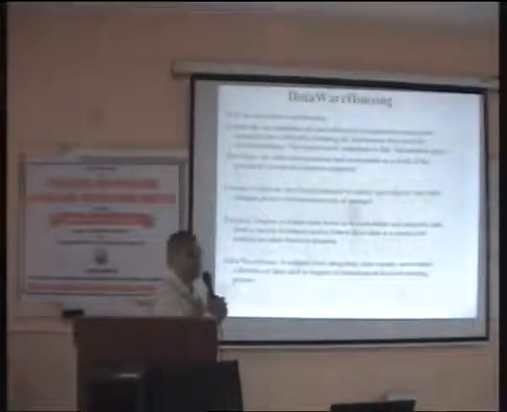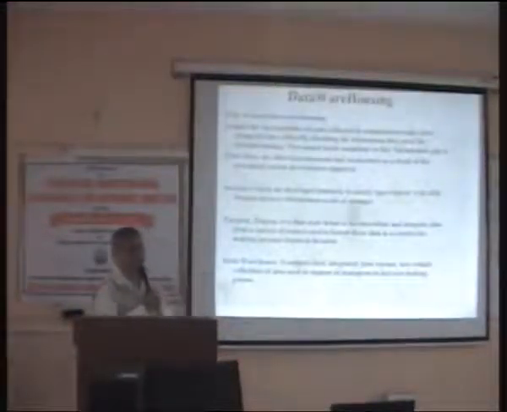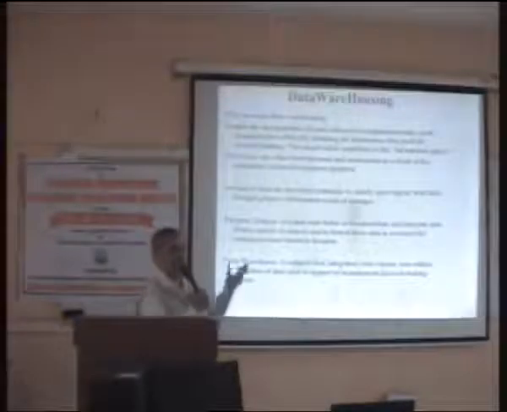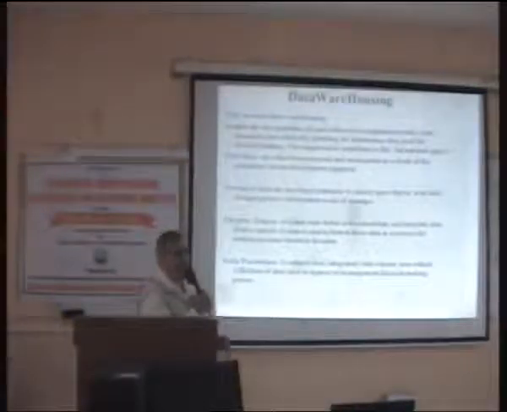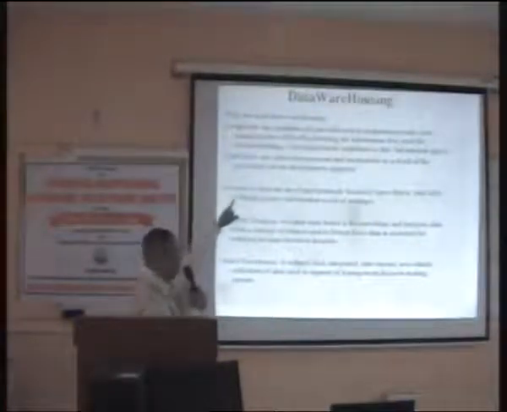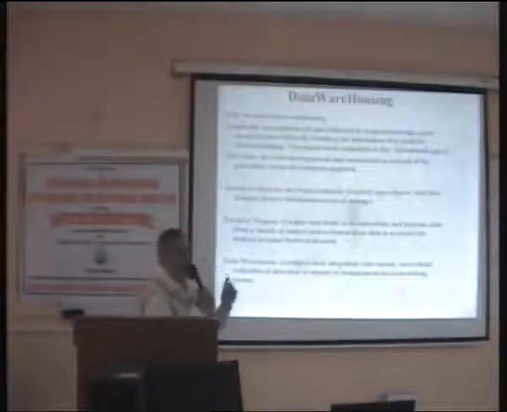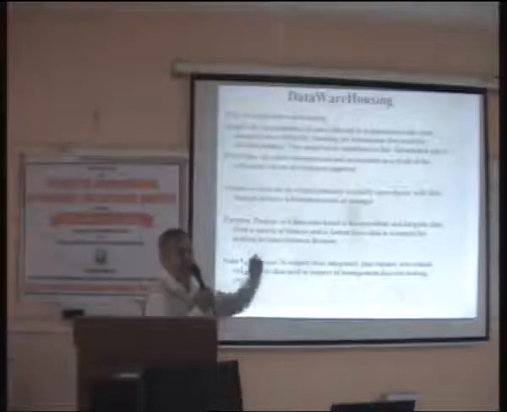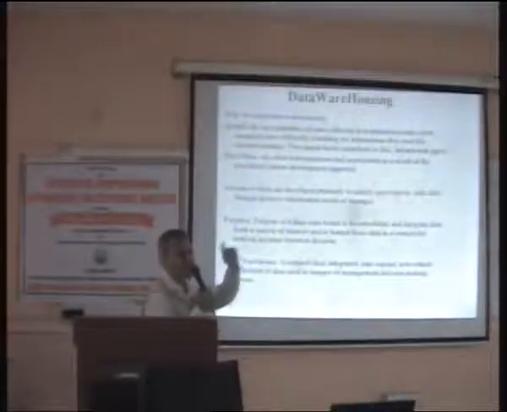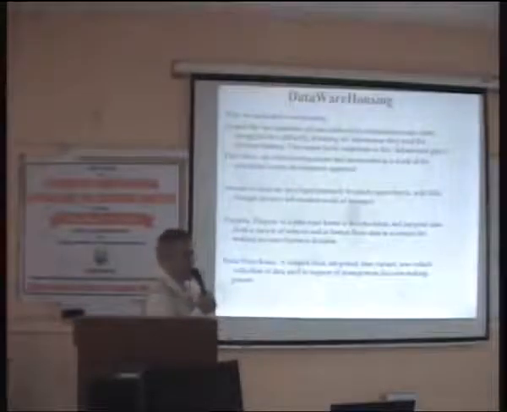And the existing structuring of the data provided by the database management system is not sufficient to handle it. So people started looking for data warehousing. You structure the data according to your subject, your objective. Organize the data according to your objective. That was the main theme behind data warehousing.